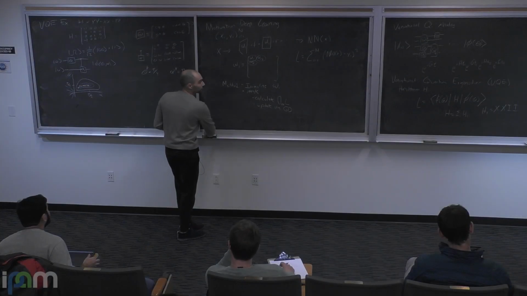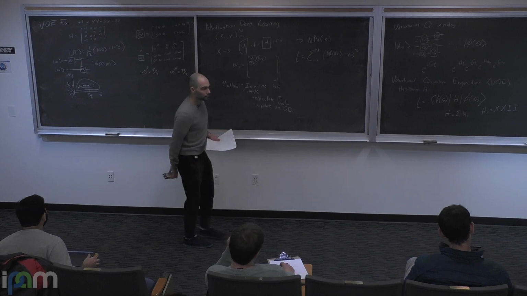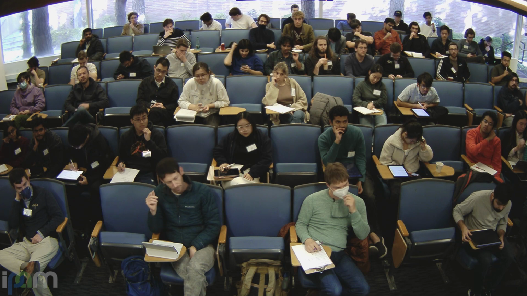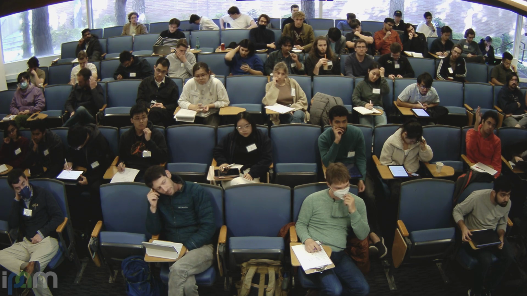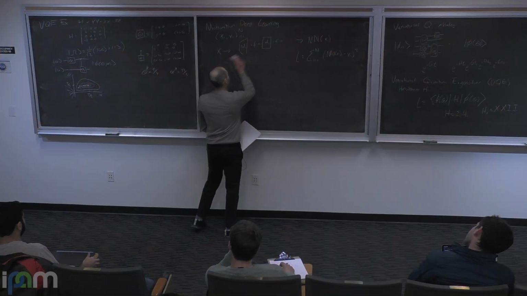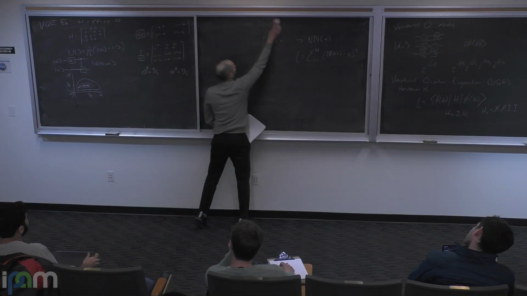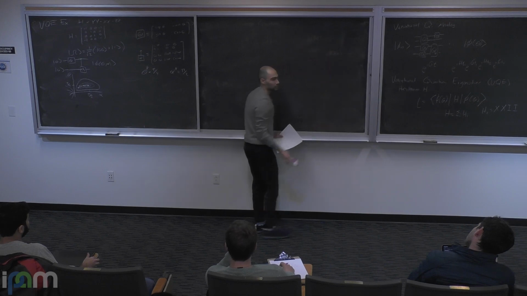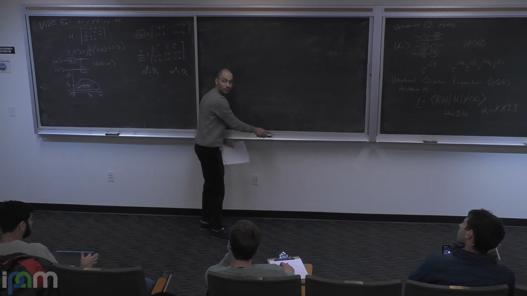Is the loss function classical? Well, you measure the loss function quantumly, but the rest is classical. So sometimes for that reason, people call these hybrid algorithms. They have a quantum and a classical component.